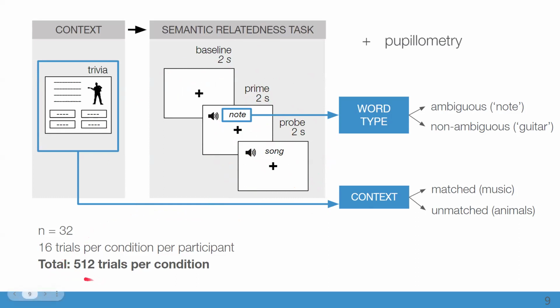So we have 512 trials per condition, and that is basically the protocol that we have. So to sum up, we have two variables. One is word type, ambiguous and non-ambiguous, and the other variable is context. We have the matched context and the unmatched context.